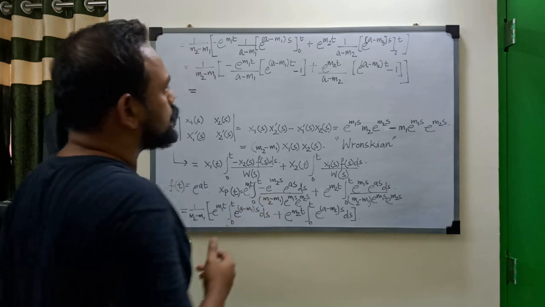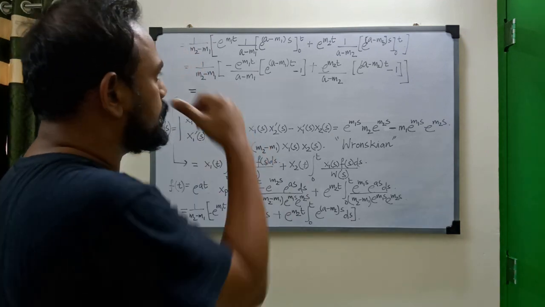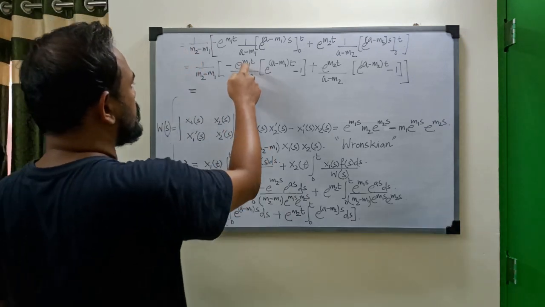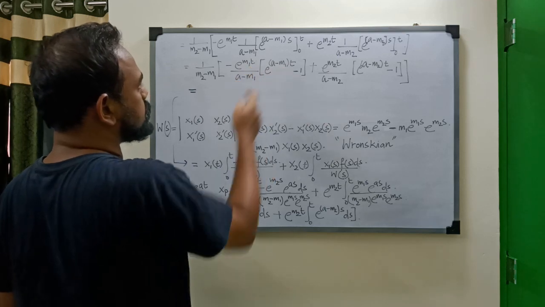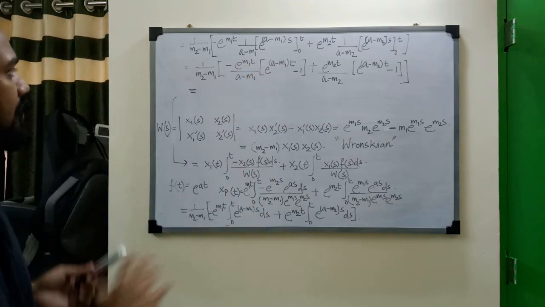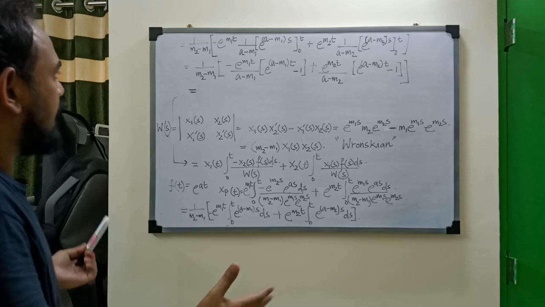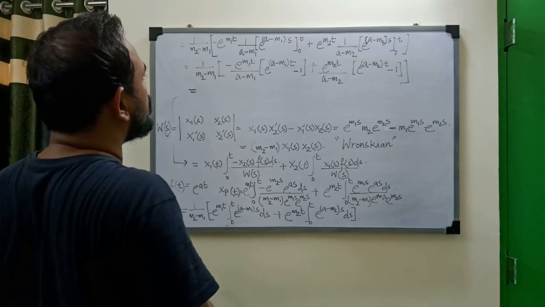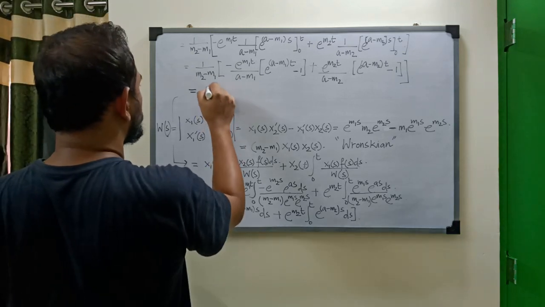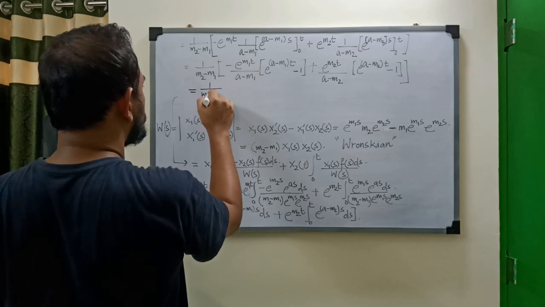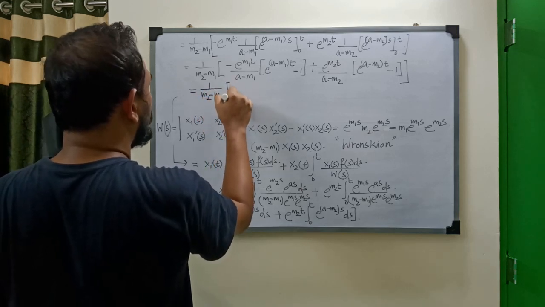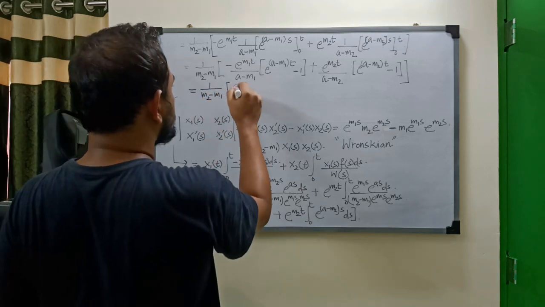So this is going to be e to the m1t multiplied with e to the minus m1t, and that just cancels. And so what you have is 1 over m2 minus m1, and a negative.